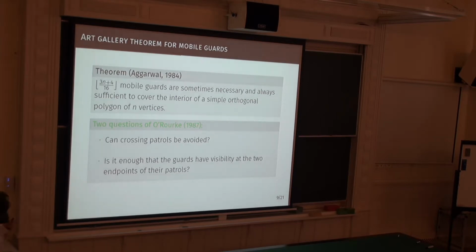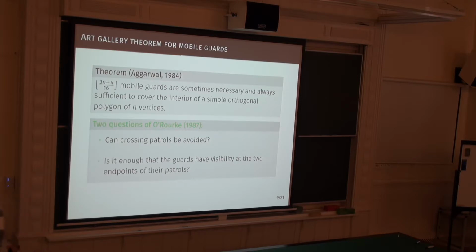Okay, and so here is the art gallery theorem for mobile guards. It was proven by Aggarwal in 1984, and it says that (3n+4)/16 mobile guards are sometimes necessary and always sufficient to cover the interior of a simple orthogonal polygon. Now, O'Rourke realized that there are two interesting questions that are not answered by the proof of Aggarwal.